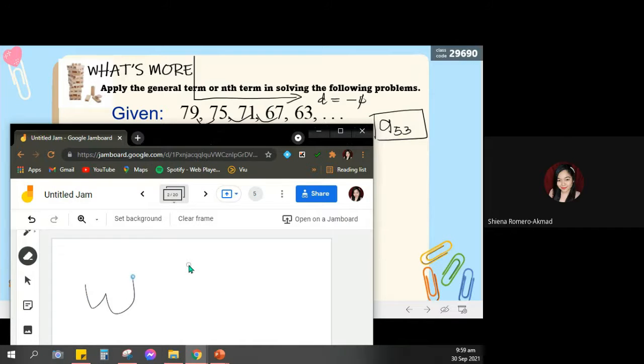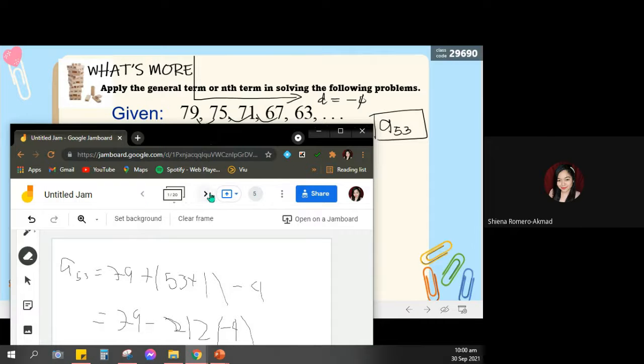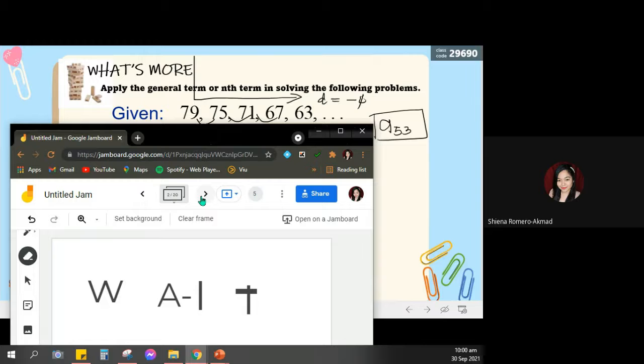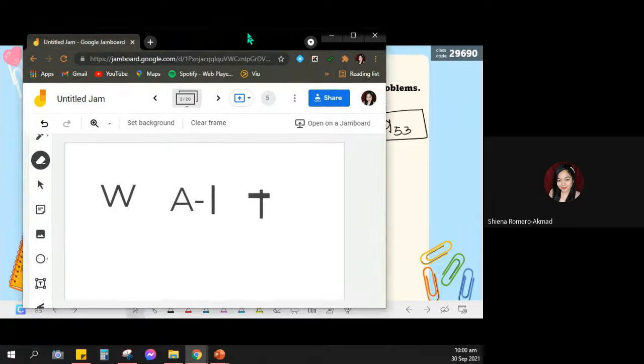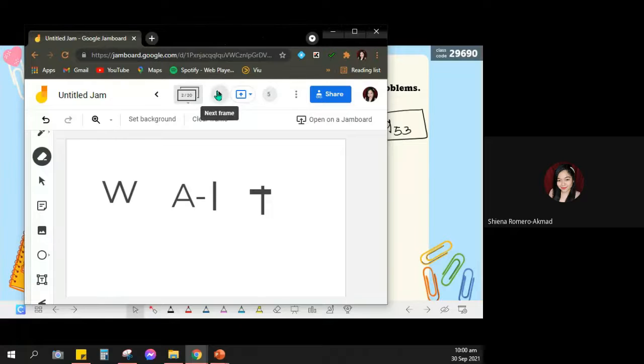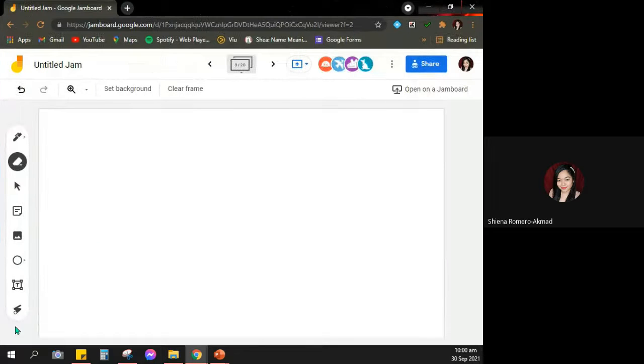Nasaan yung nagsasagot sa number 2? Ayan. Wait daw. Okay, wait daw, wait. Galing naman ang ginagawa niya. Paano ba yun? Ito ba yun? Ano ginagawa niya?